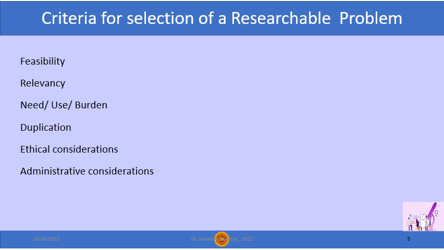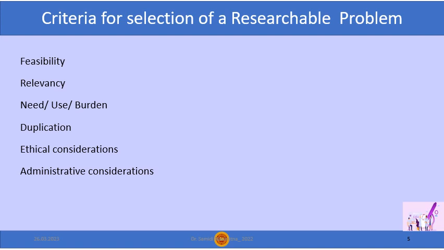Then the relevancy. So it should be relevant to you, your interests, your sponsors' interests, and so on. Then the need, the use, the burden. So it has to be a real help to the public or the governments or your institutions or whatever.